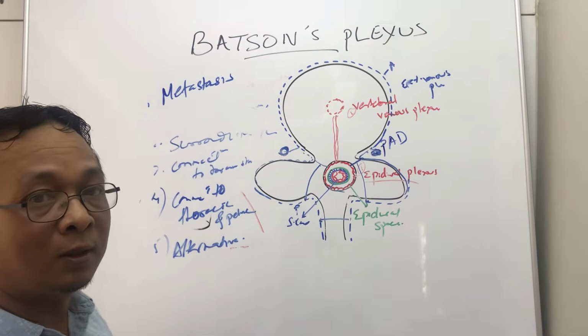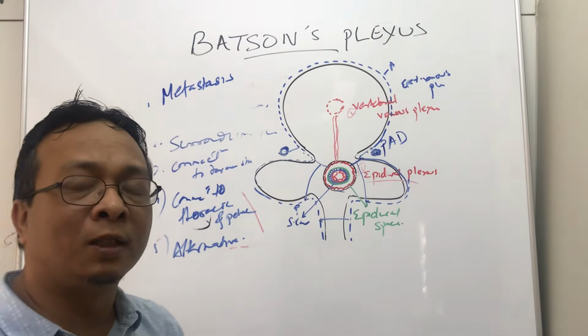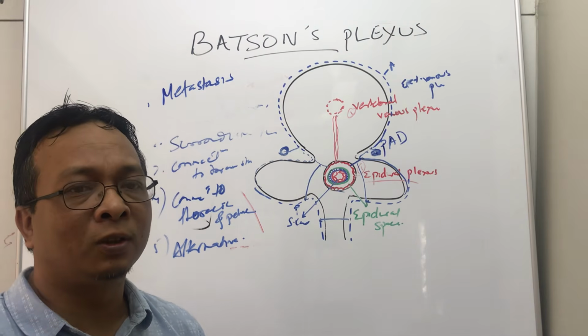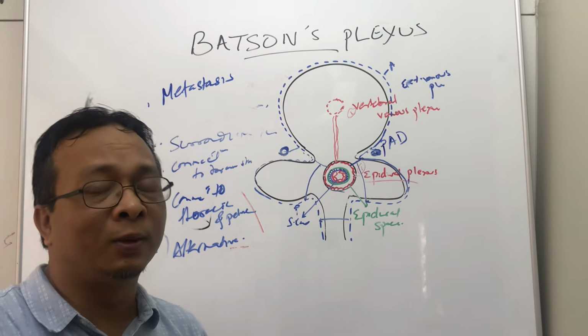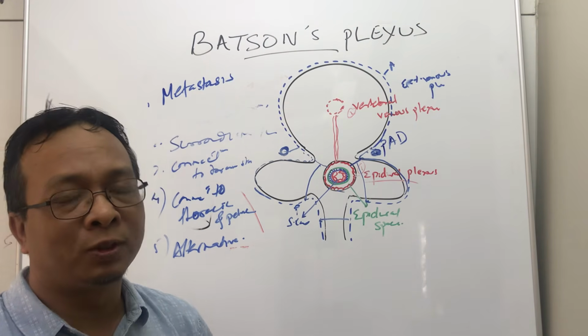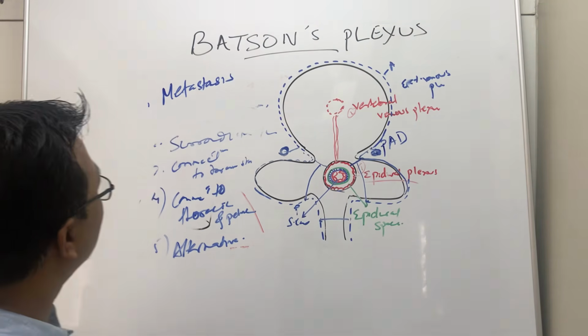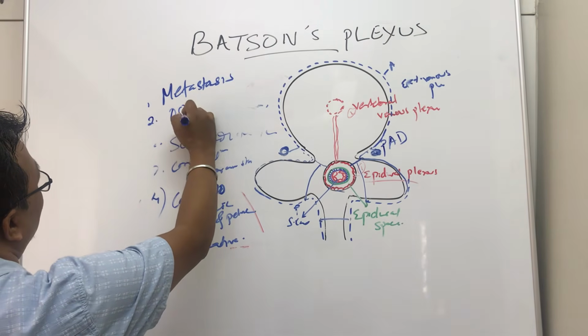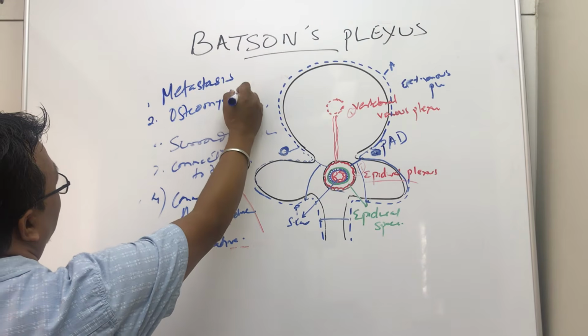Like in cancer of prostate, one common thing is that patients have bone pain. Why? Because it is deeply connected to the prostate venous plexus. So metastasis to the vertebrae and osteomyelitis of the vertebra.